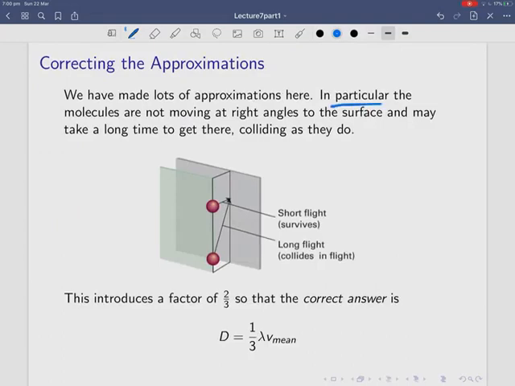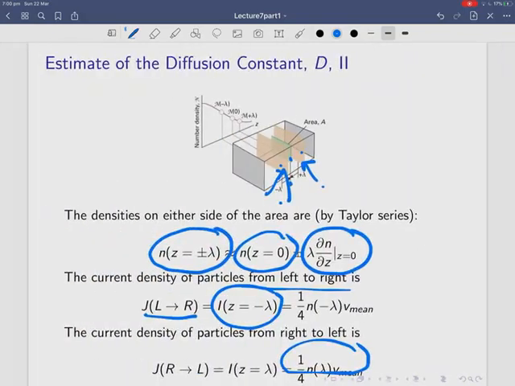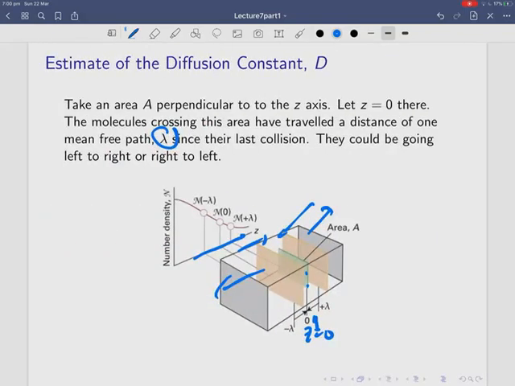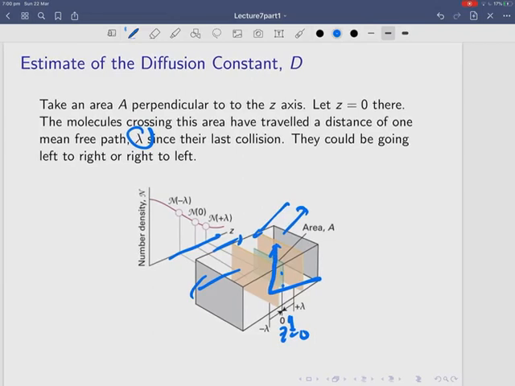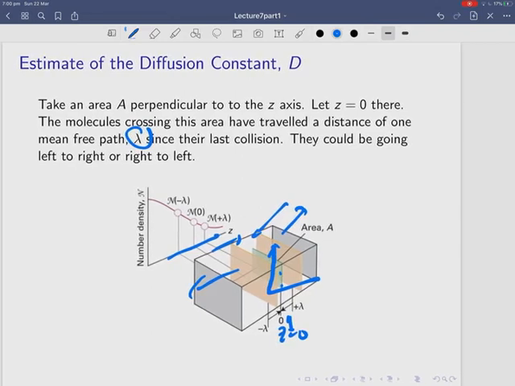In particular, the molecules are not moving at right angles to the surface. So these molecules here, let's go back here. The molecules which are here, for example, they're not necessarily going like that. Some of them are doing this. They're still moving towards the surface, but they're moving at some angle which is almost parallel to the surface. Now, ones that do that, of course, have the chance of actually colliding with another molecule.